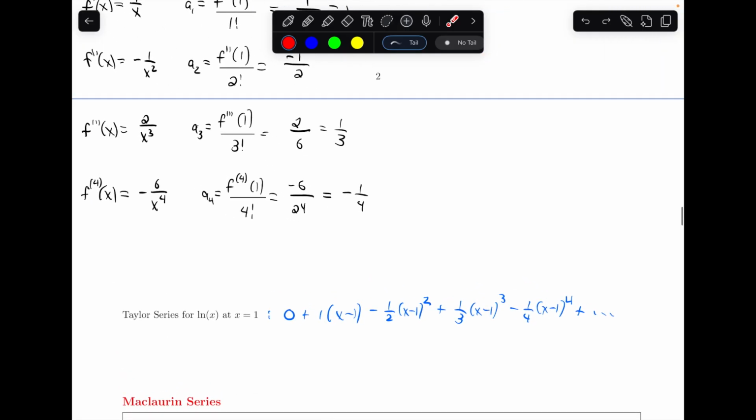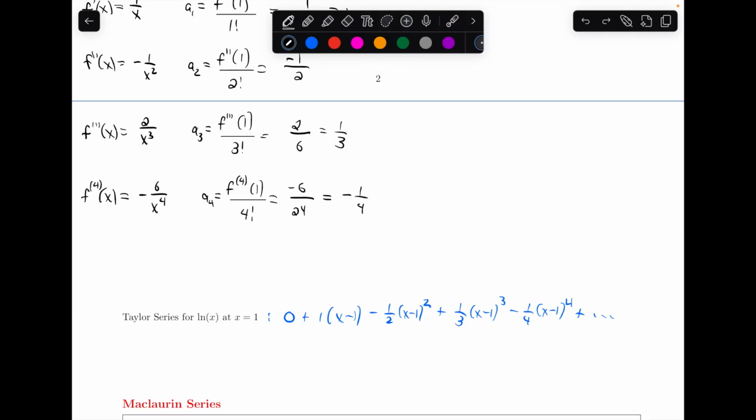Okay, so I've written up until the first 4 coefficients and the plus dot, dot, dot. And I mentioned at the start, I want to practice putting this in sigma notation. So in sigma notation, I'd have this sum. And I notice all the terms have x minus 1 to a power, so I'll do x minus 1 to the n. I could ignore this plus 0 here, so the first power should be a 1. And that's why I know I'm going to start at n equals 1.